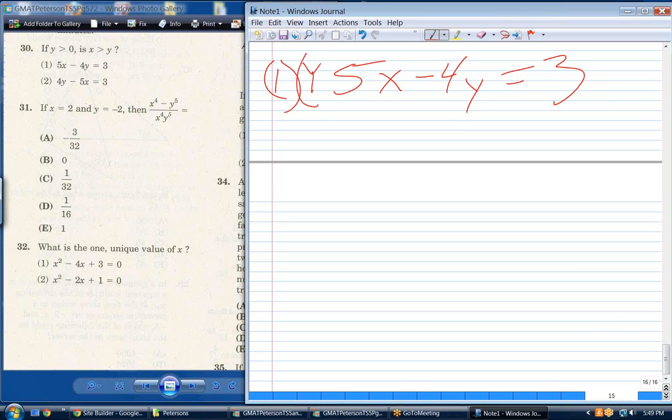There is a real tendency that if you come up with no, x is not greater than y, the tendency is to say you can't tell. But when you come up with yes, the first one answers this with an affirmative: yes, x is greater than y. Well, the second one just answers it with a negative: no, x is not greater than y. So the answer would be D if both of them work.